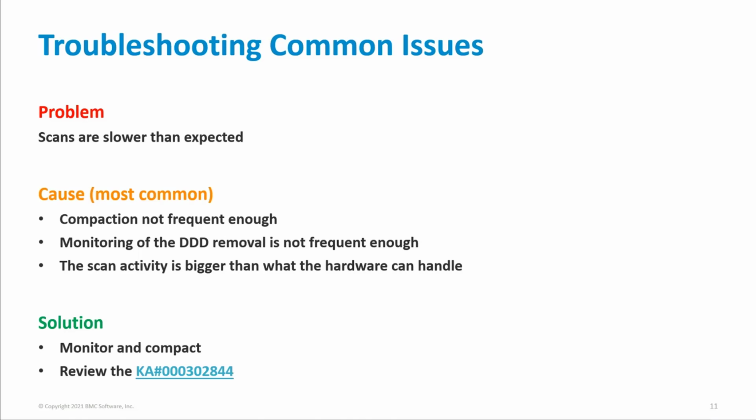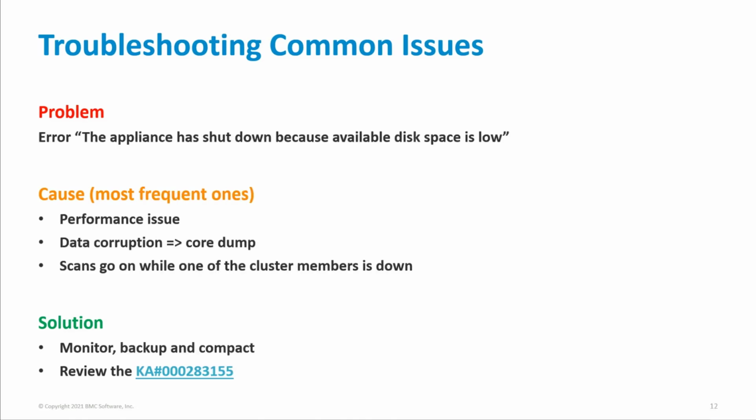So let's check now another common problem. This is when the disk is full, and then you have this message in the GUI saying that the appliance has shut down because the available disk space is low.